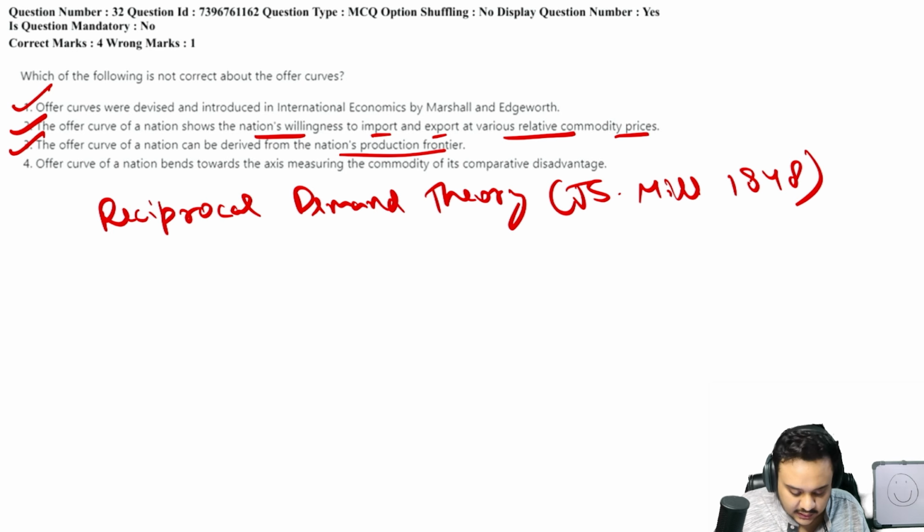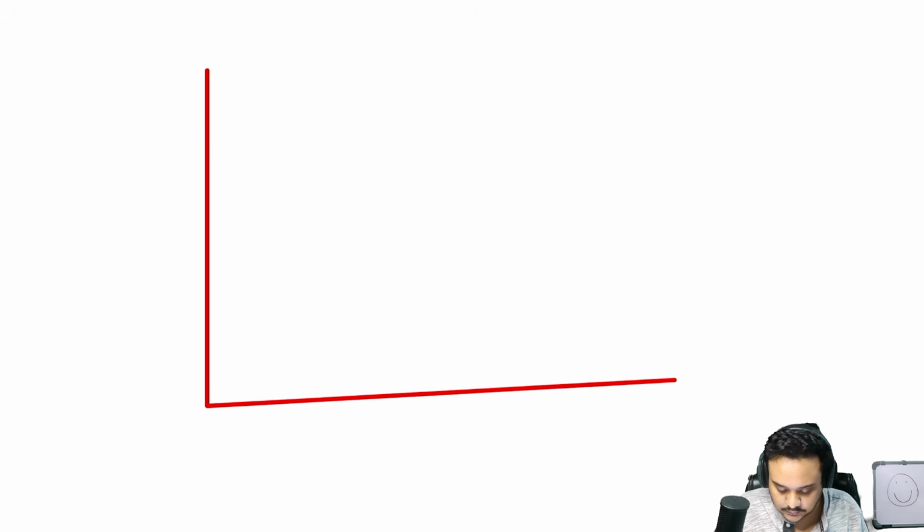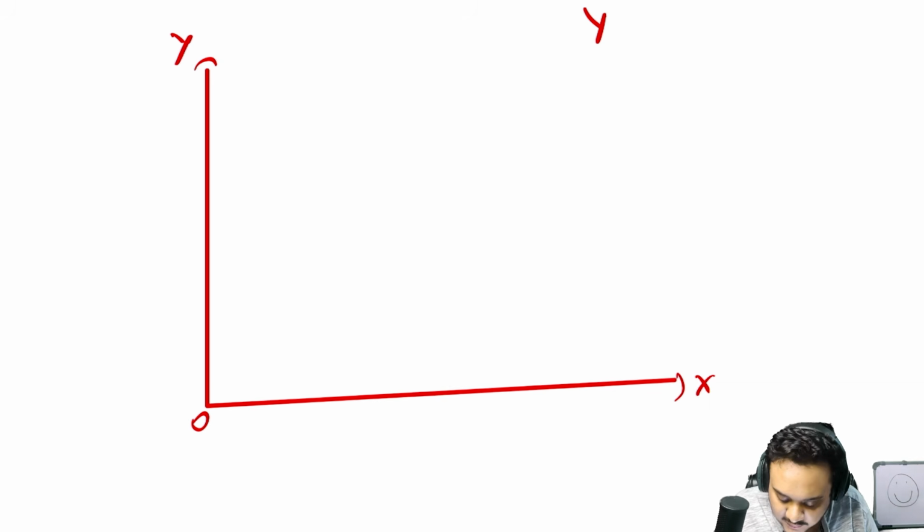Finally, an offer curve of a nation bends towards the axis that measures the commodity of its comparative disadvantage. Now let us try to understand this graphically. Okay, so on the y-axis, I'll just write y and x here. So what is y? Y is a good that you are importing.